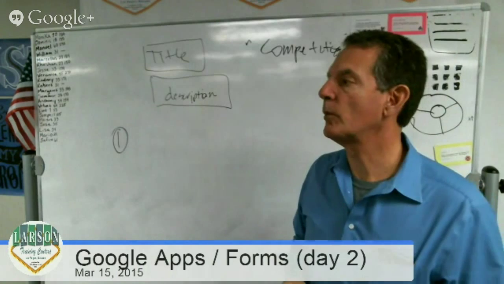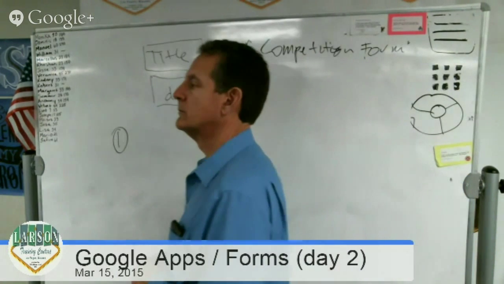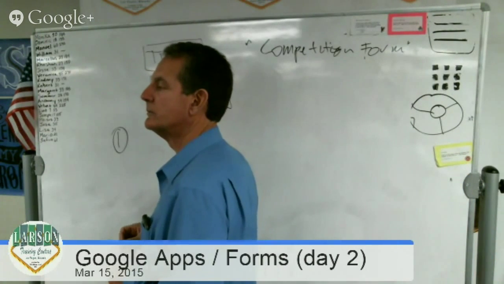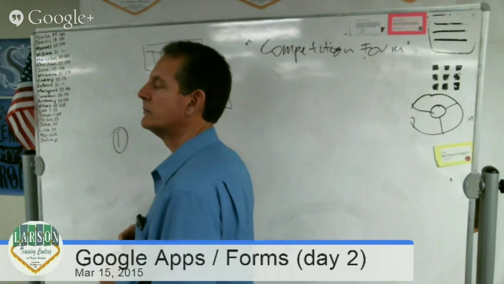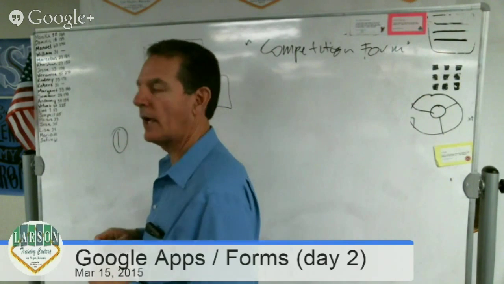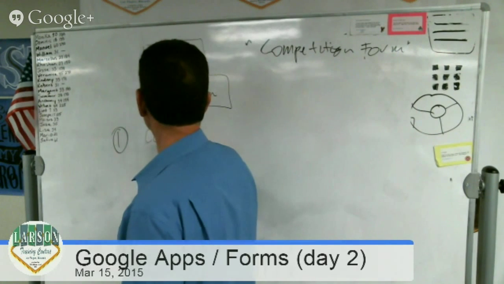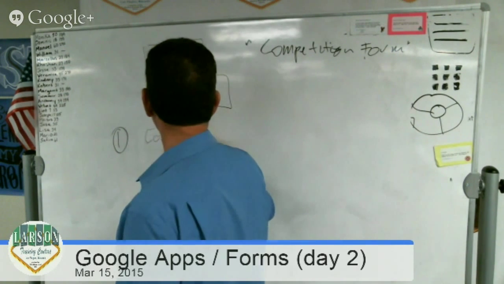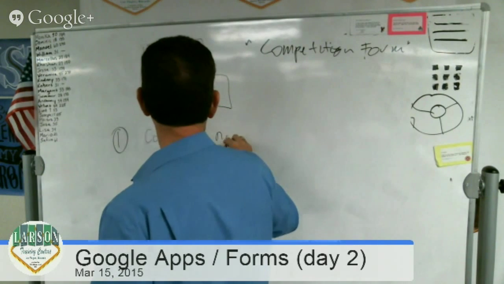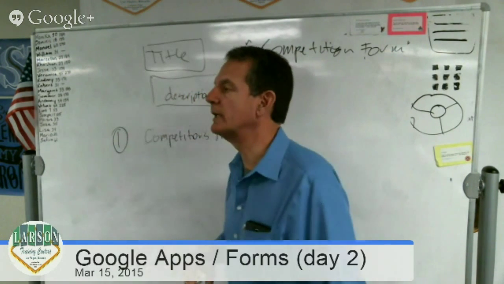What's question number 1? Question title. No, what's the question? Who's the competitor? What's the name of the competitor? Okay, competitor's name. That would be the question. Yeah, that's what you fill in.